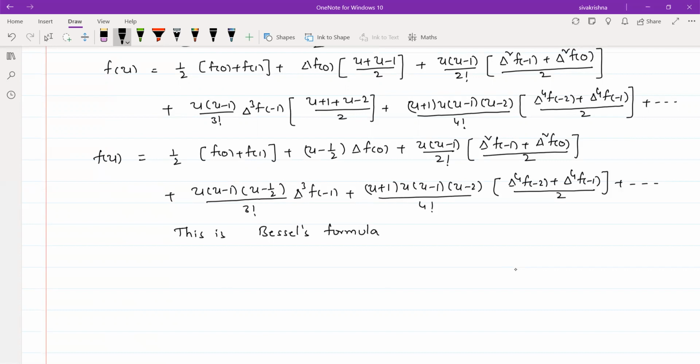The changes are: we replace u by u minus 1, and we add 1 to each argument in the Gauss backward formula. After making these changes, we take the mean of Gauss forward and Gauss backward, and then we get Bessel's formula.